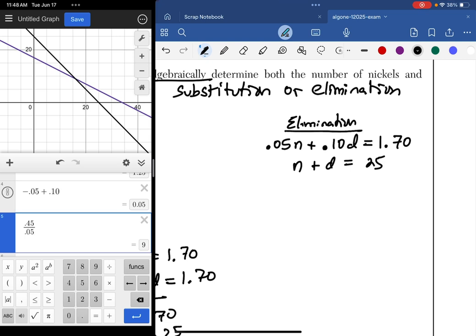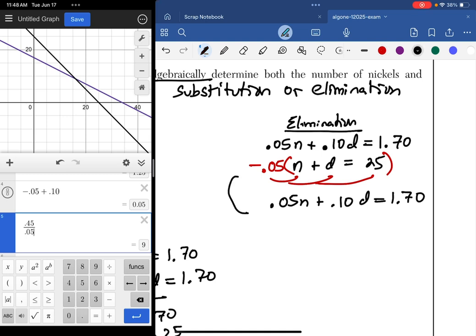All right, so what I would do here is multiply my second equation by a negative 0.05. The reason I would do that, so let me rewrite the first equation again, is so when I distribute, it goes to each term.